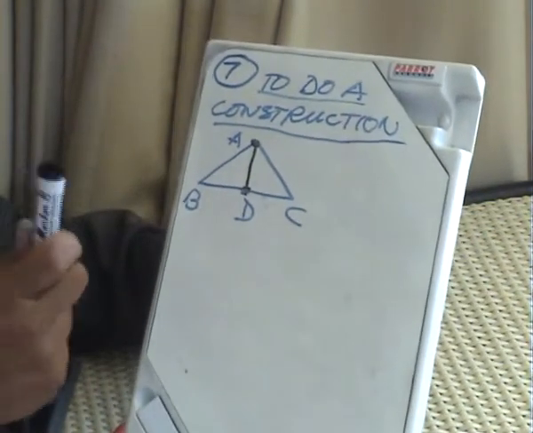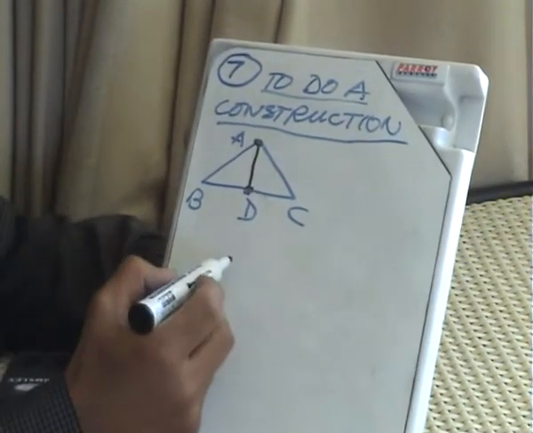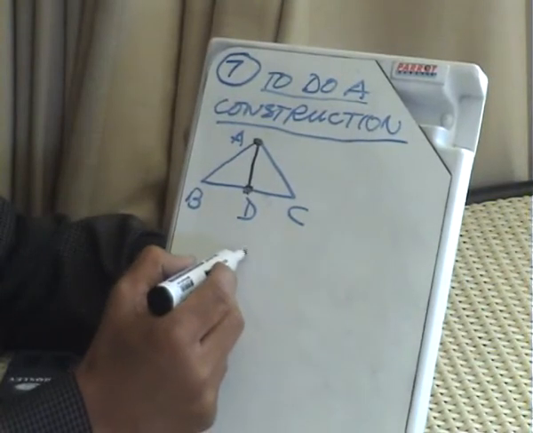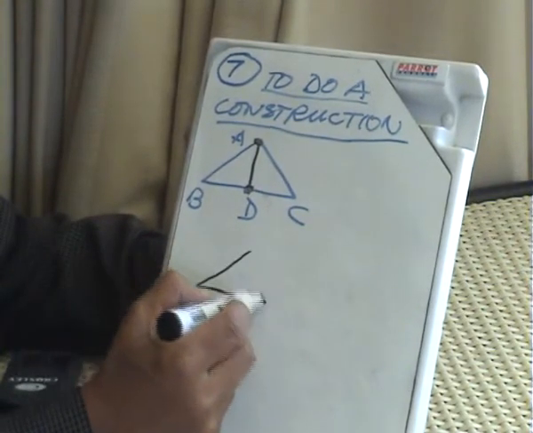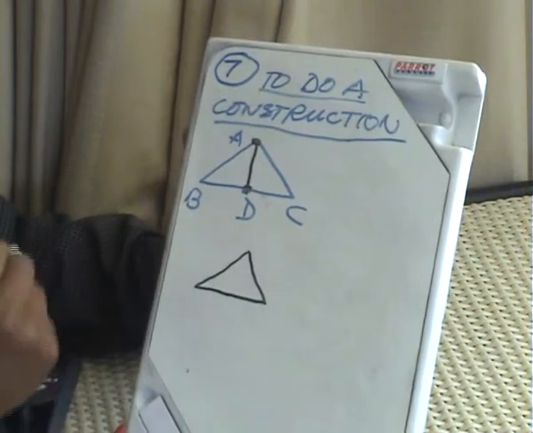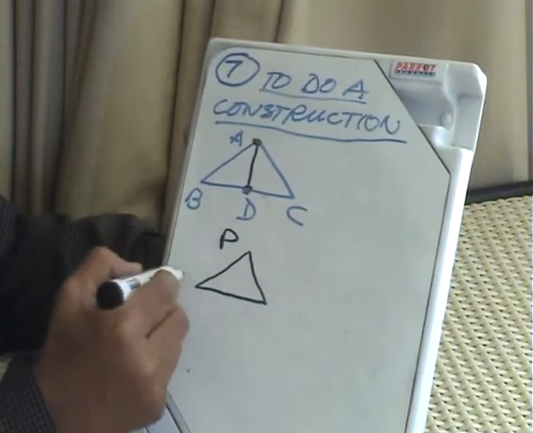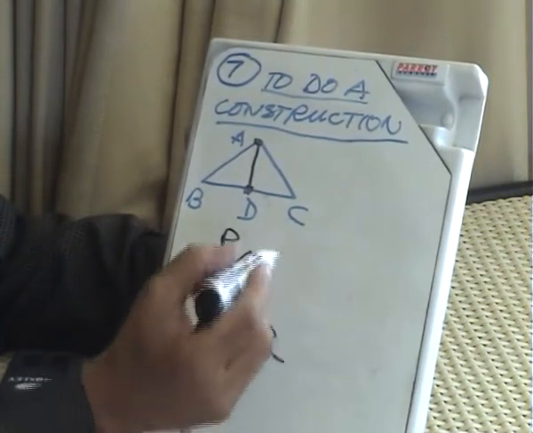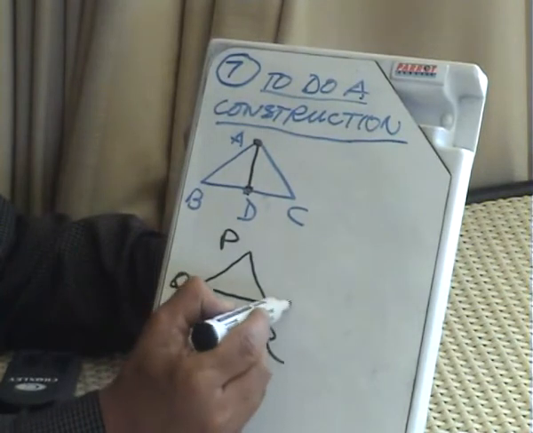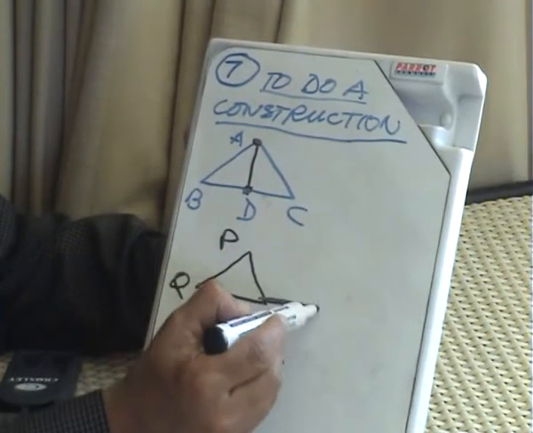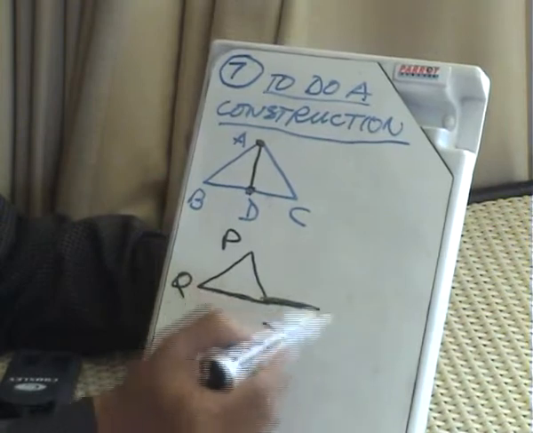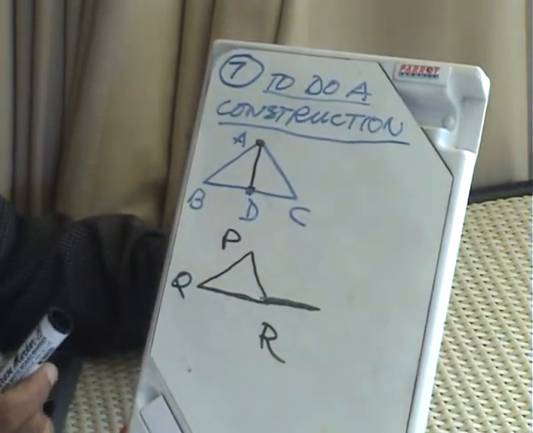If I have another question, for example, if I'm dealing with this triangle here, I have a right to produce this line. So I have a right to produce the line, means to make it longer.